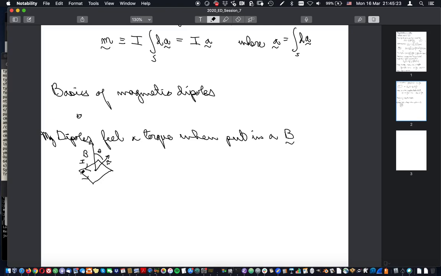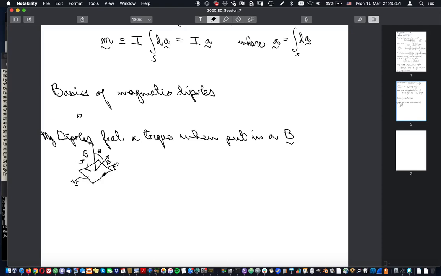V goes this way. B is like that. So that gives me a force this way for this loop here. This little loop has a force going that way. This little loop has a force going that way. But these things are pulled against each other, so there's no torque at all coming from the force on these two here.